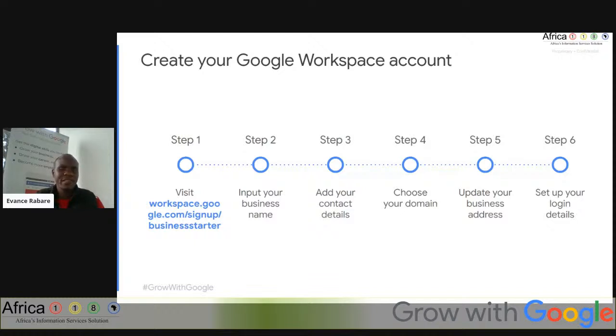So most probably, if it is Skylight, your username could be Skylight, and then you choose a password, and you ensure that the password you are choosing is very, very strong, that nobody can hack easily. To ensure that your password is strong, normally you have to ensure that your password is at least 8 characters, and within those 8 characters, there has to be a number from 0 to 9.